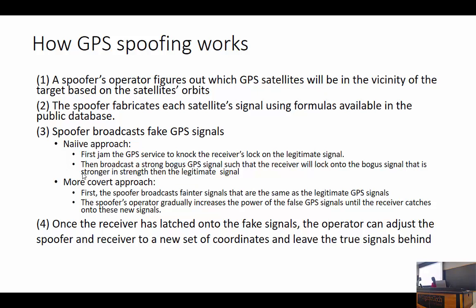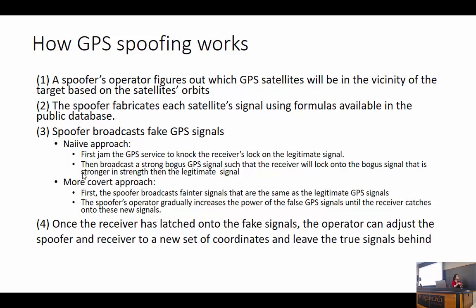In the more covert approach, the spoofer first broadcasts a fainter signal than the legitimate signal, and this fainter signal is exactly the same as the legitimate signal. The same clock, the same information, everything is the same. And then the spoofer operator gradually increases the power of the false GPS signals until the receiver catches on to these new signals.